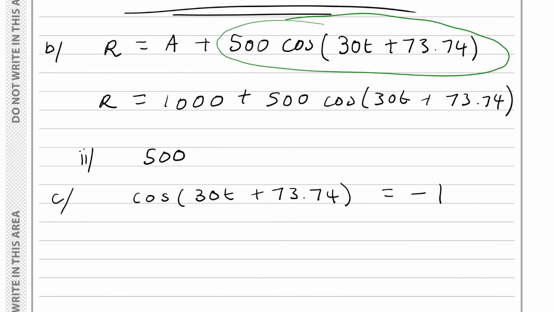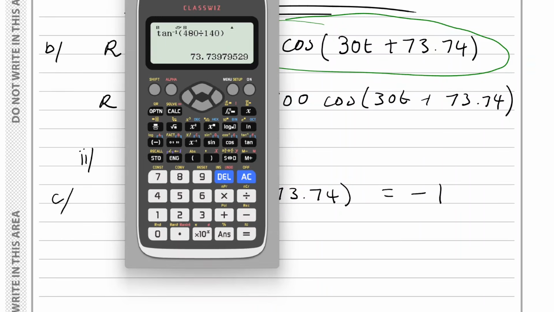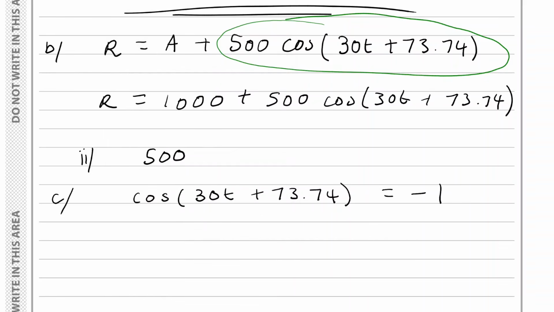The cos graph is at its minimum at 180 degrees. Shift cos negative 1 is 180. So 30t plus 73.74 is 180.